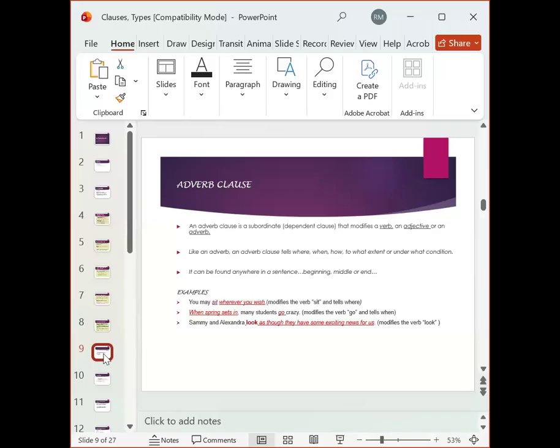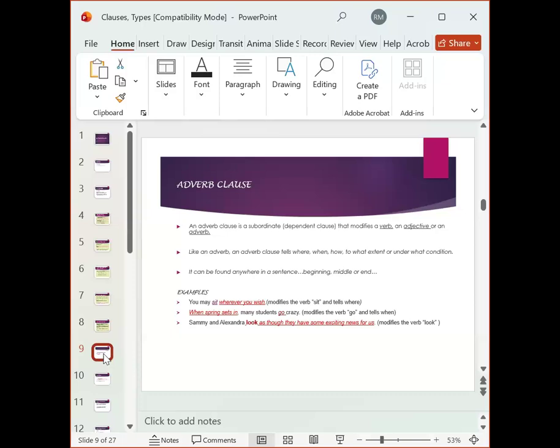Okay. So we'll just move straight to the adverb clause. Now, the reason for beginning with the adverb clause is that the noun clause has types. So we'll just quickly go through the adverb and the adjective clause, and then we'll treat the noun clauses as the last type.